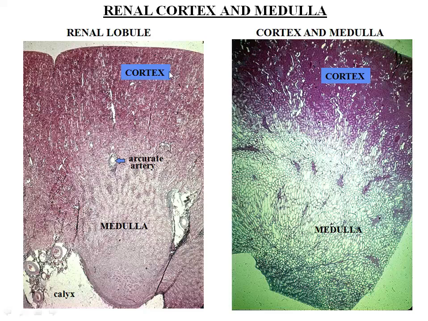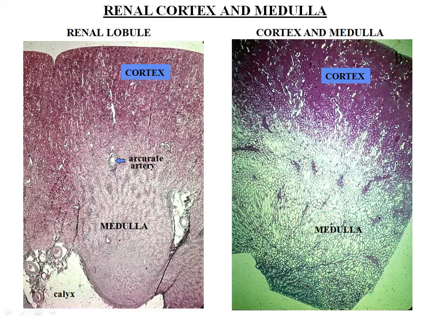Okay, so we'll stress here what we just discussed, that there is a cortex portion, a medulla portion and the calyx portion. So here in the cortex, in this region, you will find the Bowman capsule, Malpighian body, glomerulus, then distal convoluted tubule, proximal convoluted tubule.